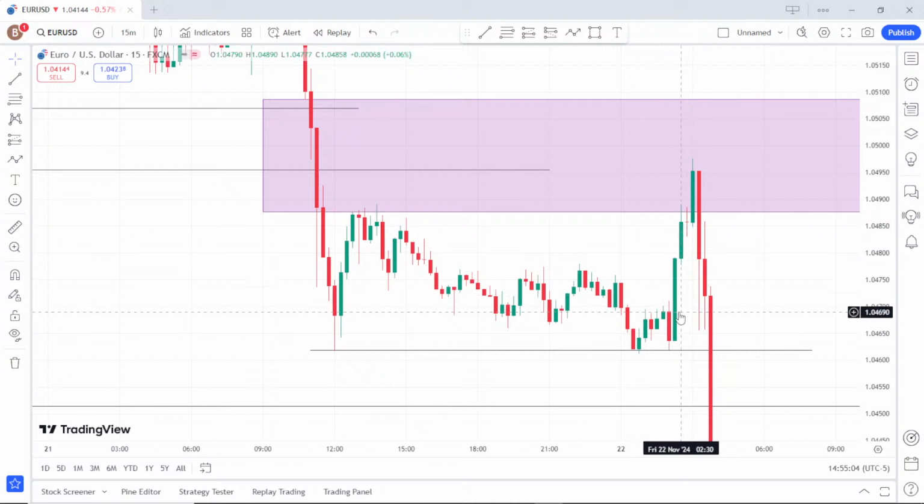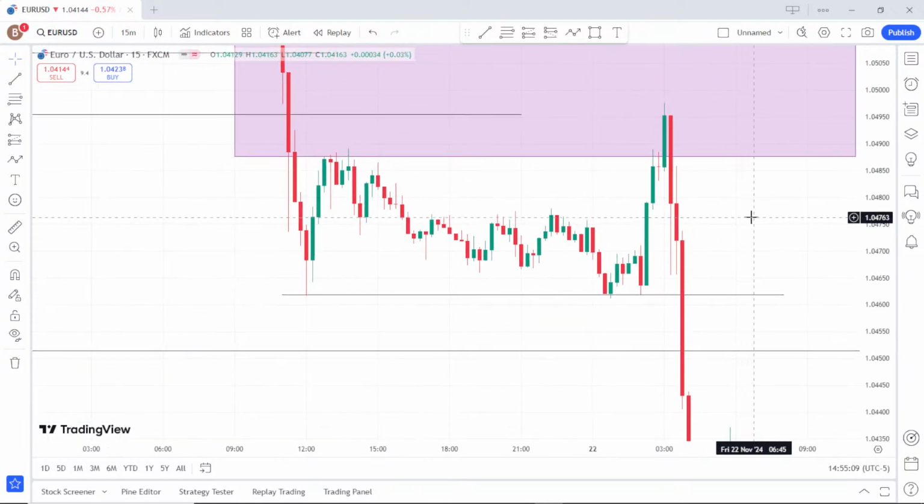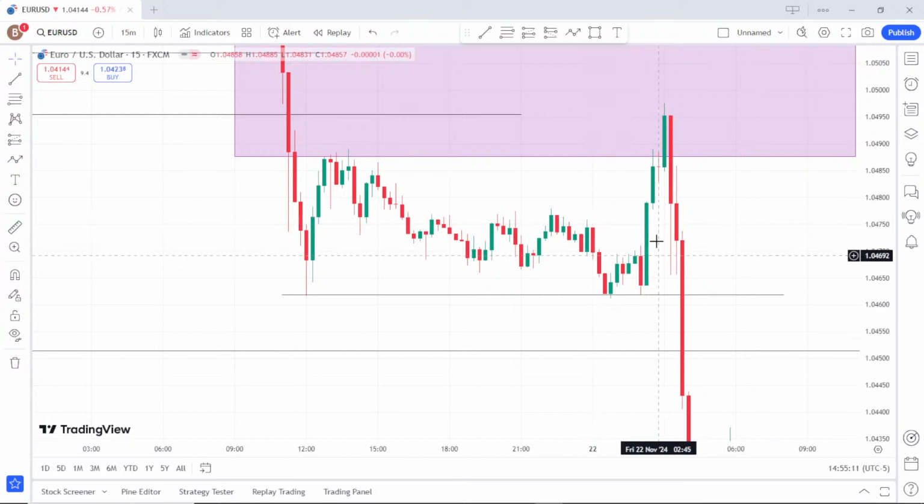But if the bias is bearish, you look for shorts or sells. If it's to look for that, then every one of your bullish biases will fail. I'm a big advocate of, if the market wants to go down, your bullish bias will fail. If the market wants to go up, your bearish bias will fail.